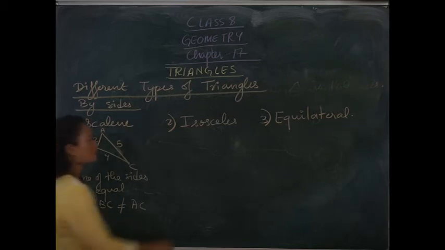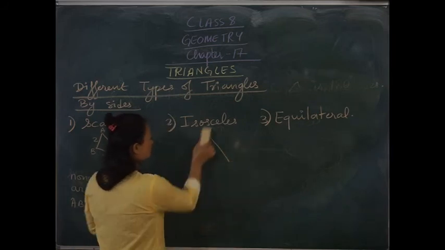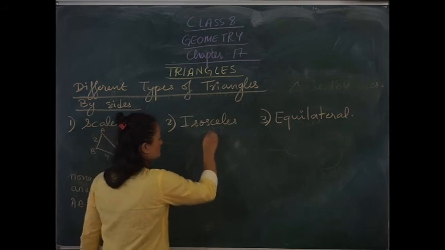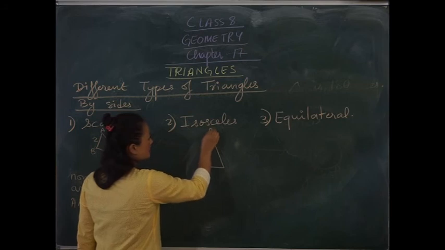The second one is isosceles. Isosceles means a triangle having two sides equal.